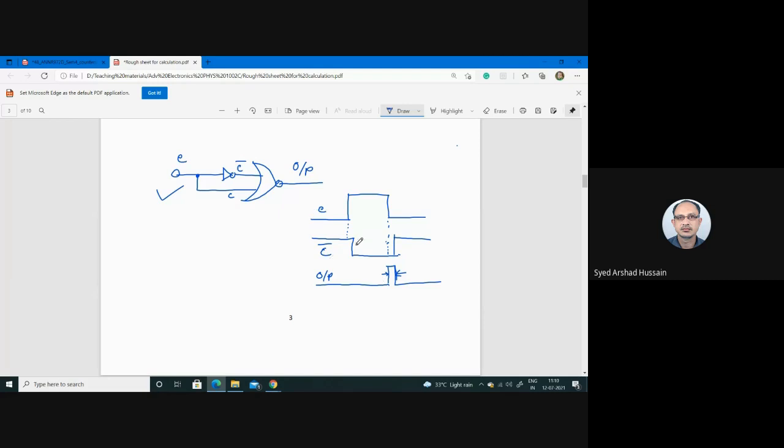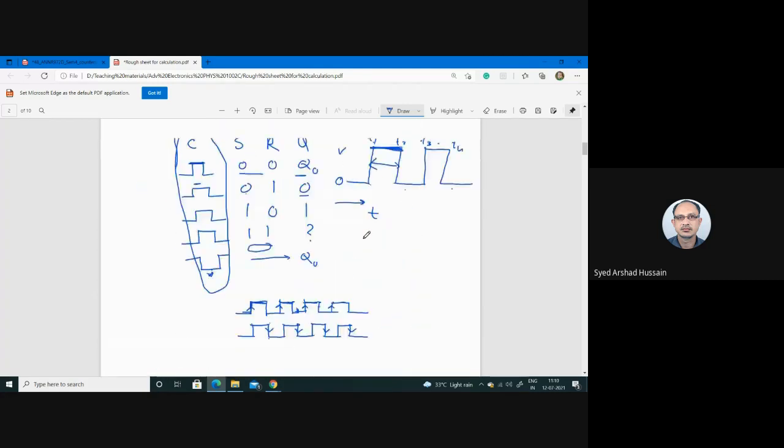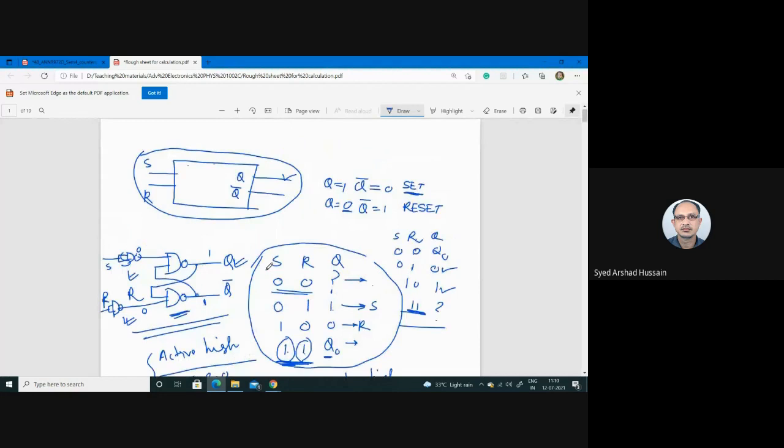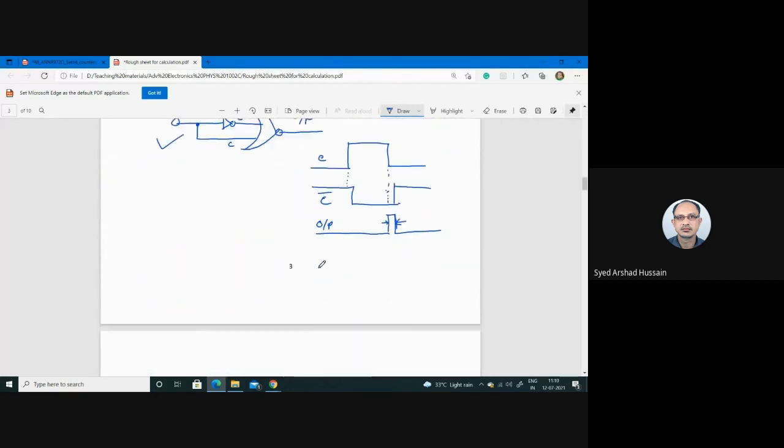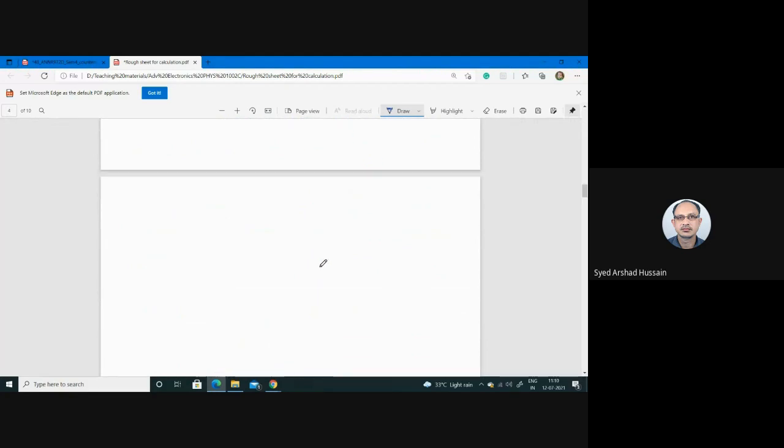Now we have one issue: in these circuits, in both the active low or active high, whatever the case may be, one problem is that we don't want either 00 or 11. When the output is tending towards high, we don't want both outputs high. But unknowingly it can happen that, based on the input 00 or 11, the output may tend towards high, but we don't want it.